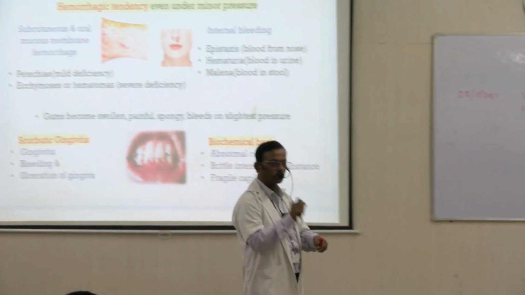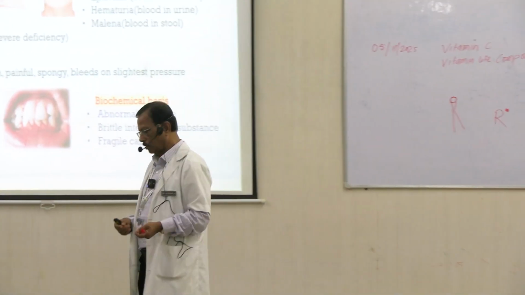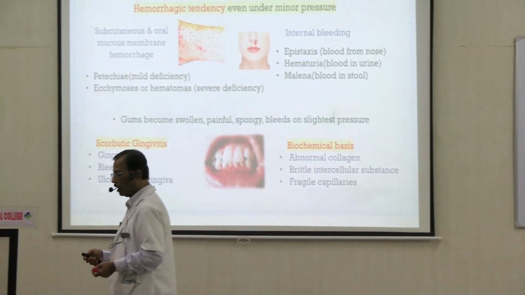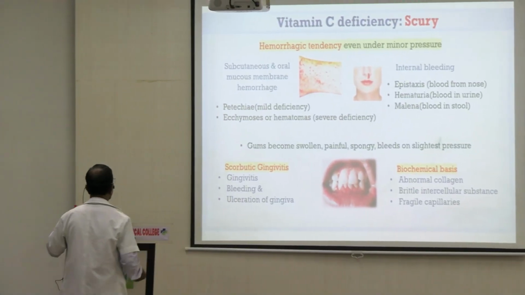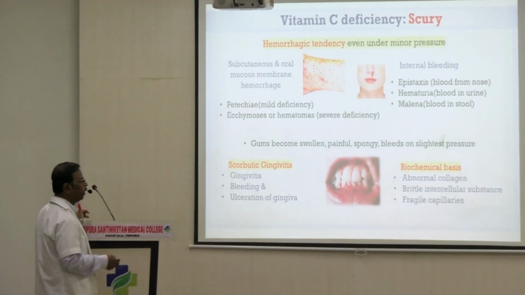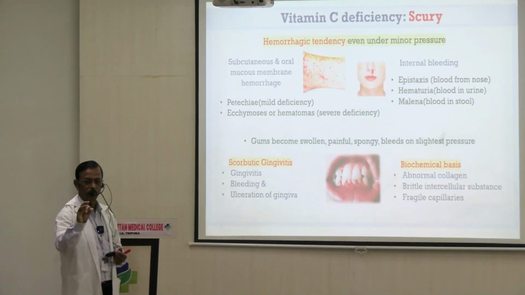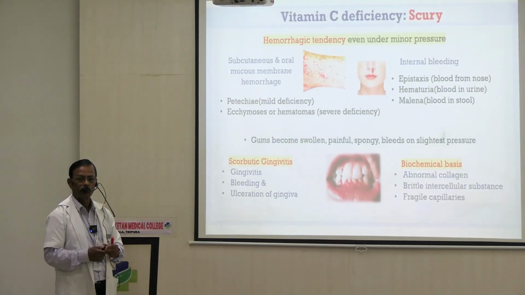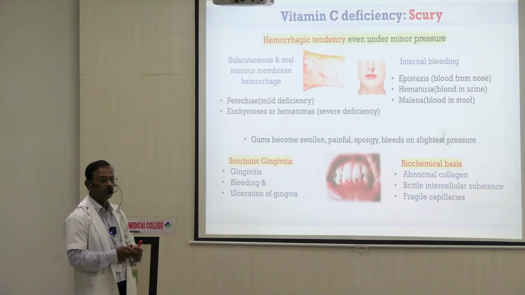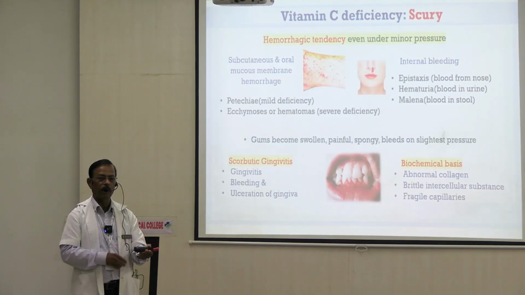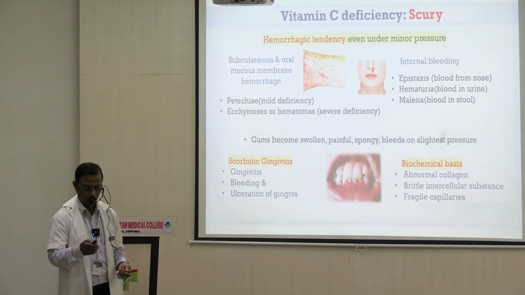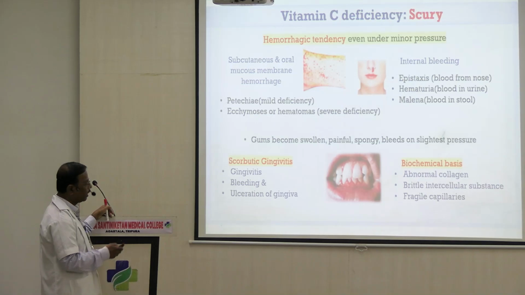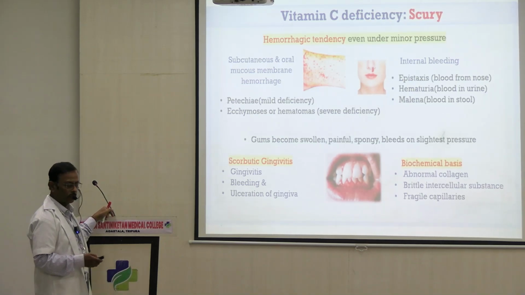There will be multiple small pinhead-like bleeding spots under the skin. Ecchymosis means when it is a bit bigger. When this much big area becomes dark, black, it is called ecchymosis. And hematoma means there is a huge collection of blood underneath the skin or in the tissue. The difference is the amount of blood.